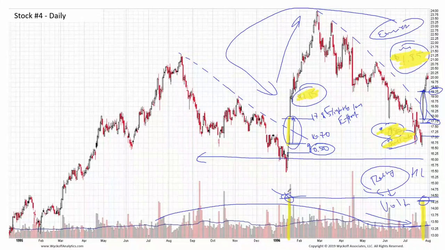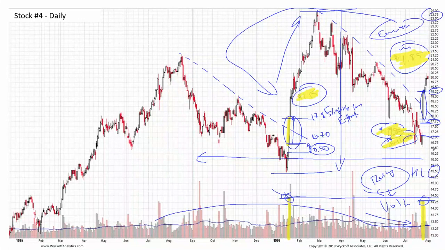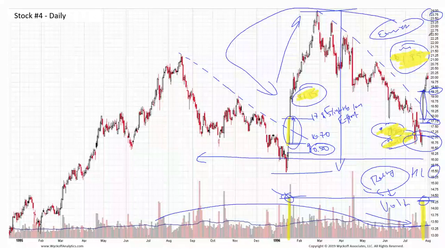And if that's the case, then the rally that we're expecting is going to be at least from $15 to $24. So that's going to be $9. So we're probably going to overcome $30, something like this.